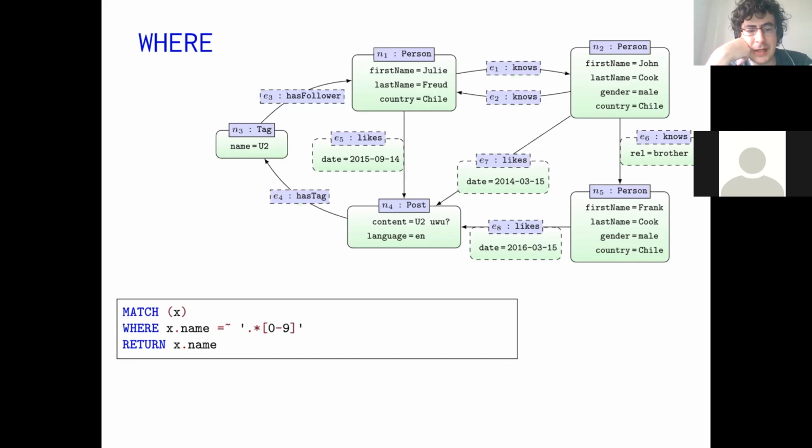And matches a regular expression, which is that we have one or more characters followed by a 0 to 9 character. So in this case, we're looking for things whose name ends in a number. That would be, in this case, U2, I guess. See what I mean. Okay, so this is a standard string-based regular expression.